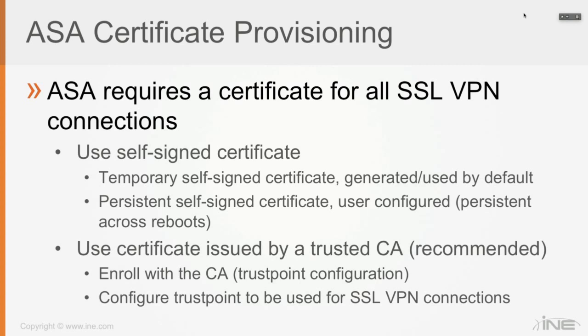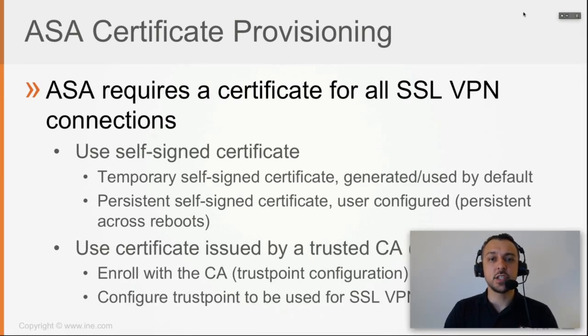The persistent one is going to be persistent across reboots. The temporary one is going to change dynamically after an ASA reboot. So of course, in general, it's not good to use a self-signed certificate. It's recommended to use a certificate on the ASA which is issued by a trusted CA. But if you use the self-signed one, at least use the persistent one so it doesn't change across reboots.